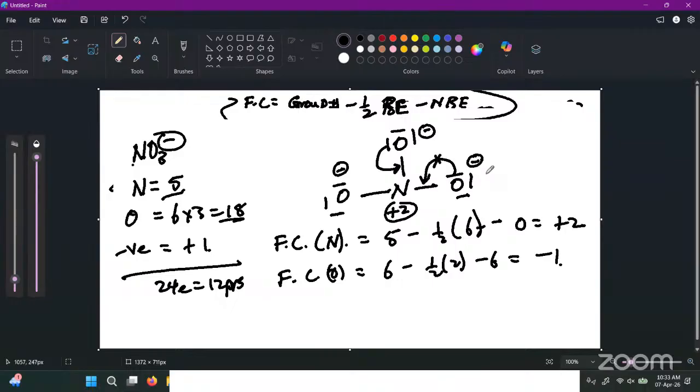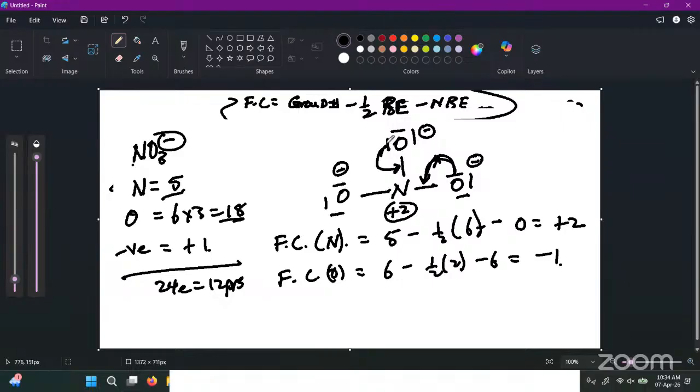The reason why is because nitrogen is in period 2. When it comes to elements in periods 1 and 2, those elements cannot have more than 8 electrons on their outer shell. If you were to move this pair of electrons here and this pair of electrons here, this nitrogen would end up with 1, 2, 3, 4, 5, or 10 electrons on its outer shell, which is impossible.